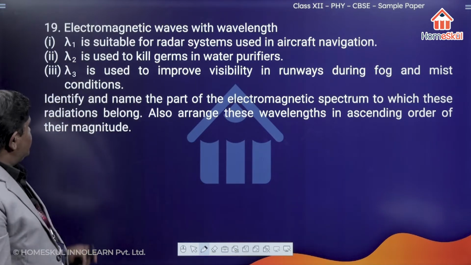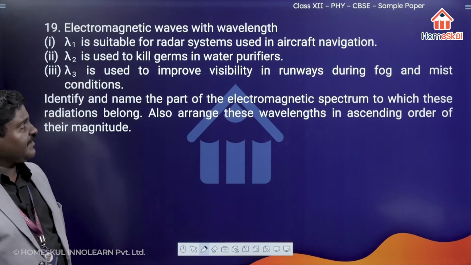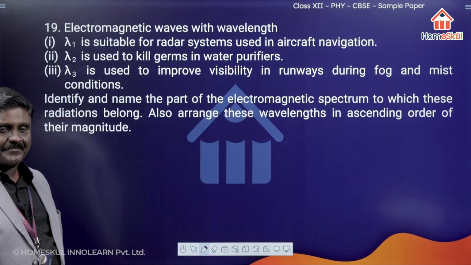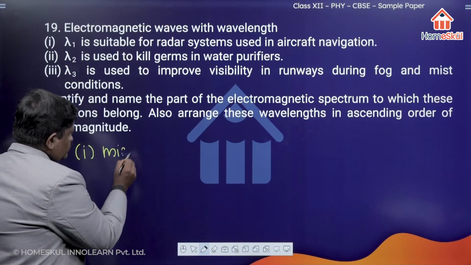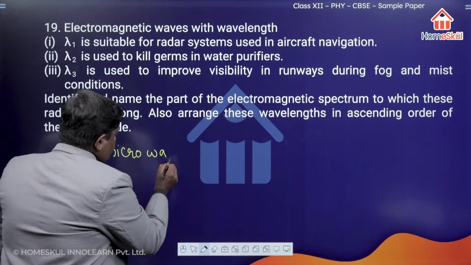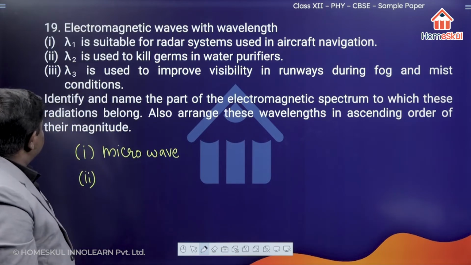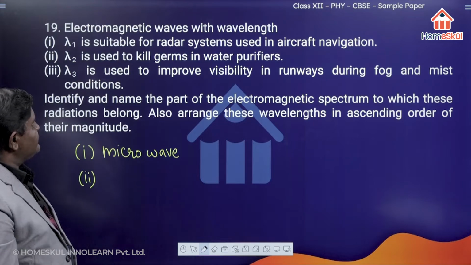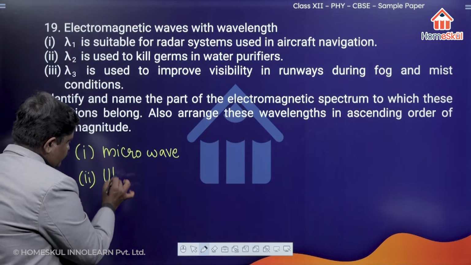So here the first one, lambda 1 suitable for radar systems used in aircraft navigation. Which one is that? Yes, microwave. Then the second one, lambda 2 is used to kill germs in purifiers. Which one is that? Ultraviolet.